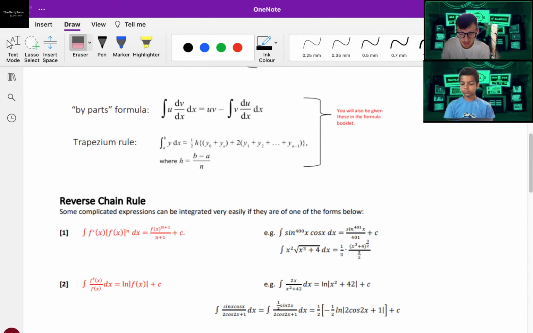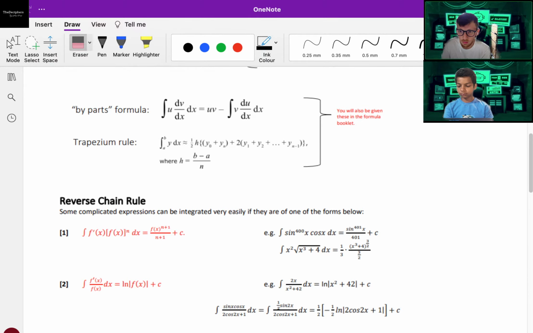The by parts formula is given in the formula book as well, and we'll do an example of using that and talk about it in more detail in a second. And then the trapezium rule is technically an integration topic or a numerical methods topic, whichever way you want to think about it. We're not going to look at it in this session, but just note that it is also given in the formula book, so you don't need to remember it. But we may do another session on numerical methods and include the trapezium rule in there.